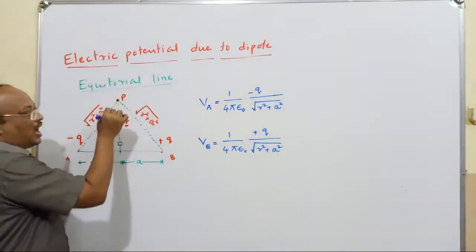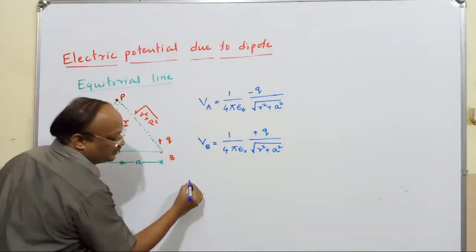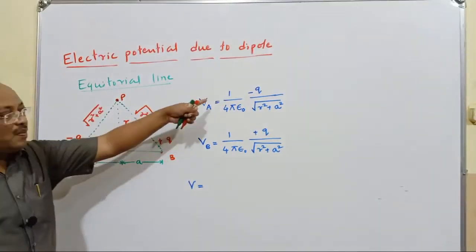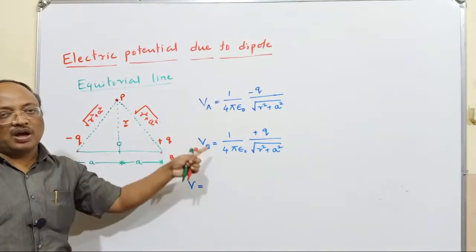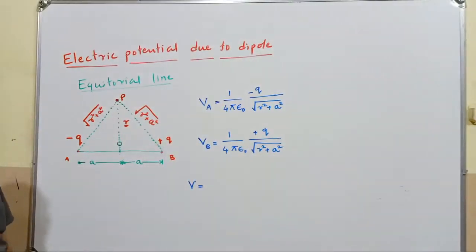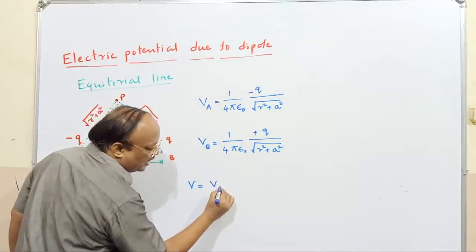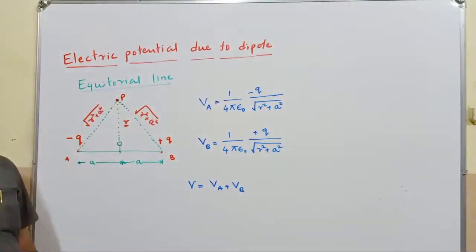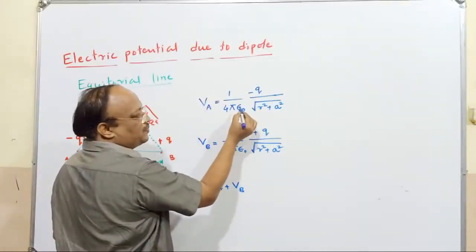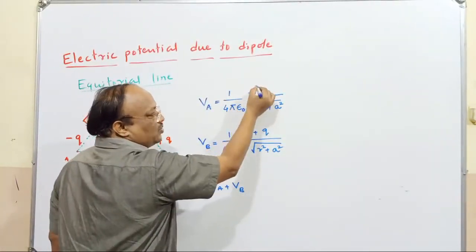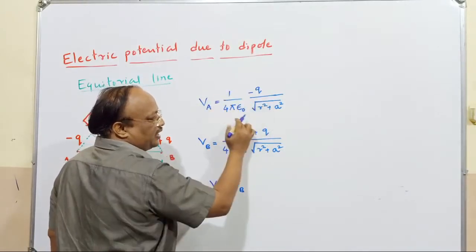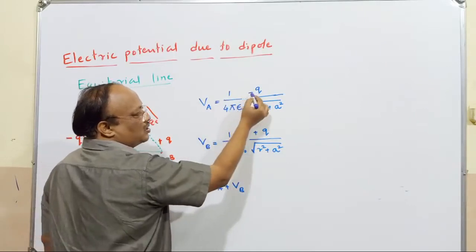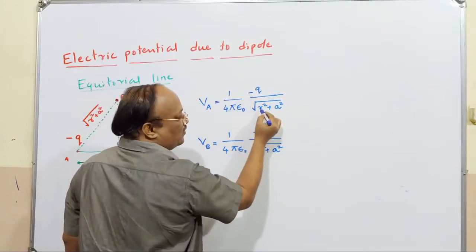I want to know the potential at P. So V is the sum of these two, V_A plus V_B. You can notice everything is the same: 1 by 4 pi epsilon naught, square root of r square plus a square.